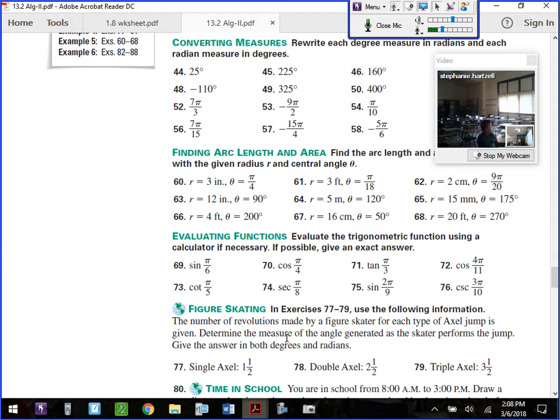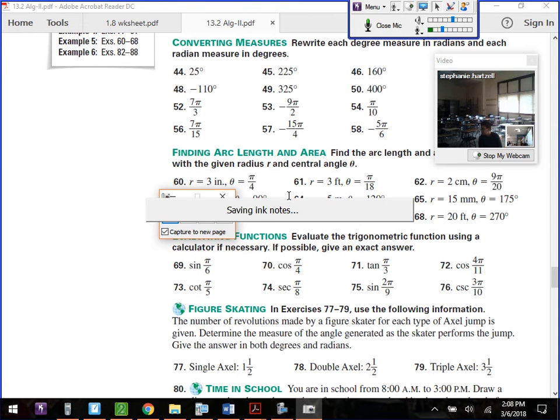Any others on these? Make sure your name is on it. Yes, sir. Which one? 60? Sure, 3 pi over 4 and 9 pi over 8. I'll show you. This is already given to you in radians, so you don't have to do any conversion.